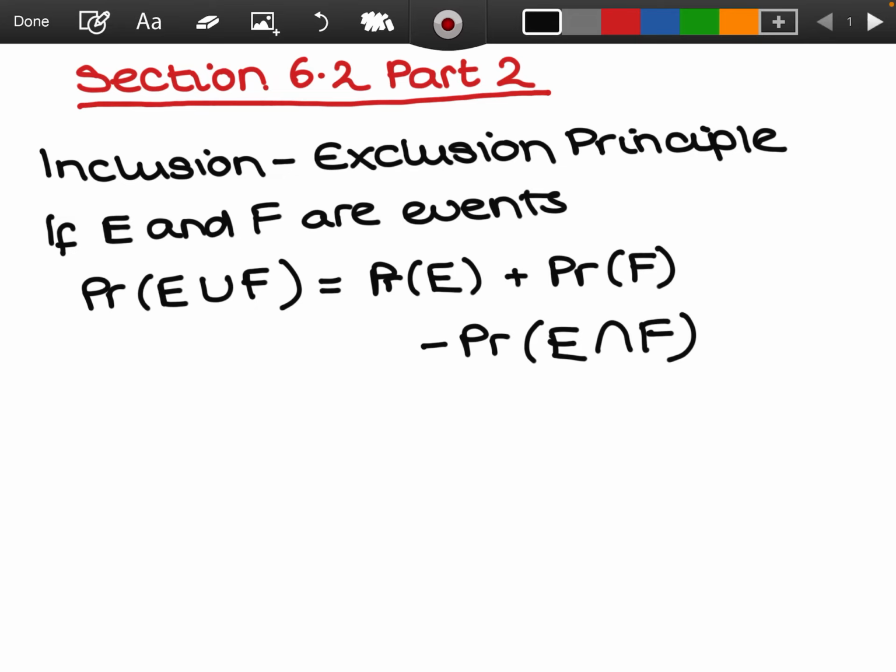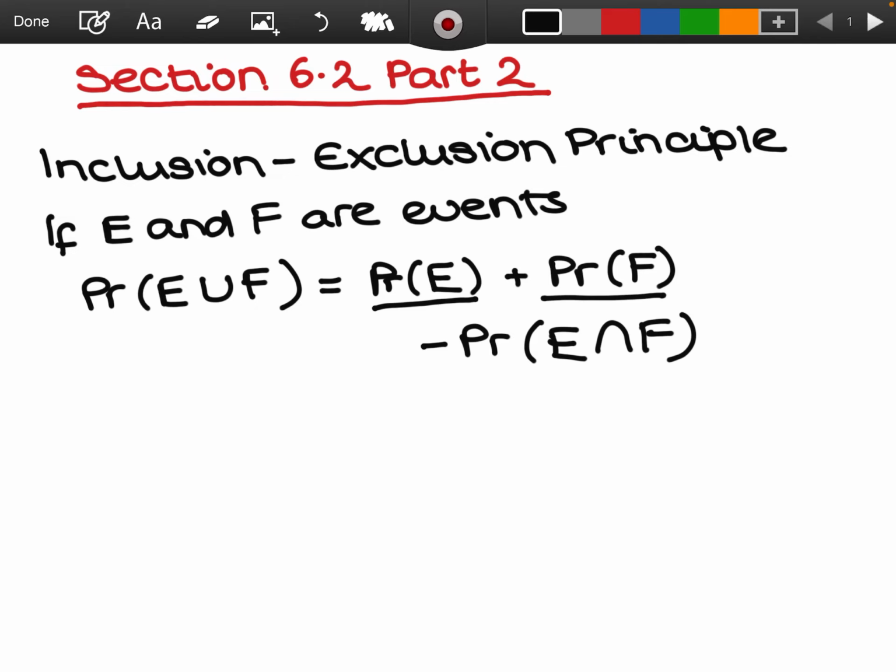Why do we do that? Well, this looks very similar to when we were counting sets, if you go back to a previous section. It's a very, very similar principle. When we look at the probability of E union F happening, we've also added in the probability of the events that land in both E and F. They have been counted twice because they have been counted in the probability of E happening, and they've also been counted in the probability of F happening.